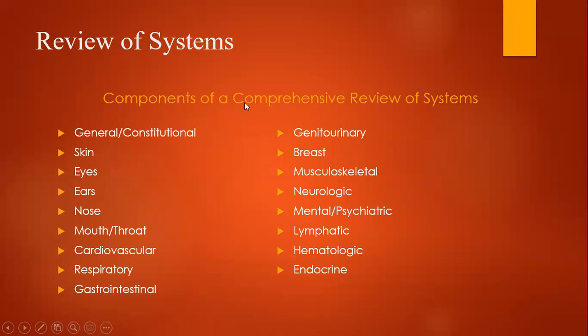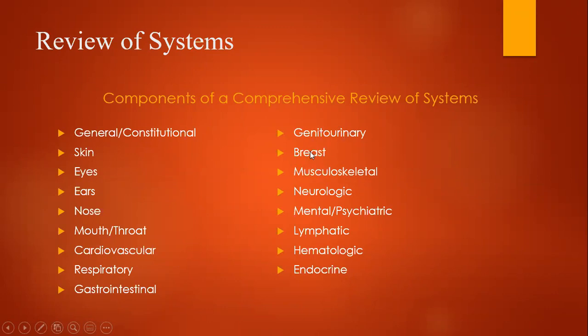Components of a comprehensive review of the systems include general, skin, eyes, ear, nose, mouth, cardiovascular, respiratory, gastrointestinal, genitourinary.